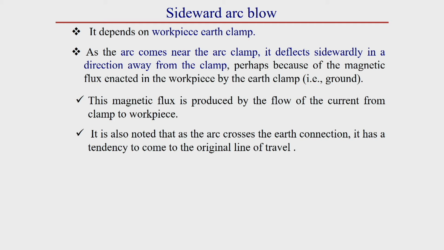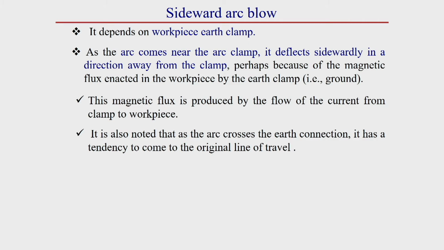This magnetic flux is produced by the flow of current from the clamp to the workpiece. Wherever there is a flow of current, there will be a magnetic field distribution.